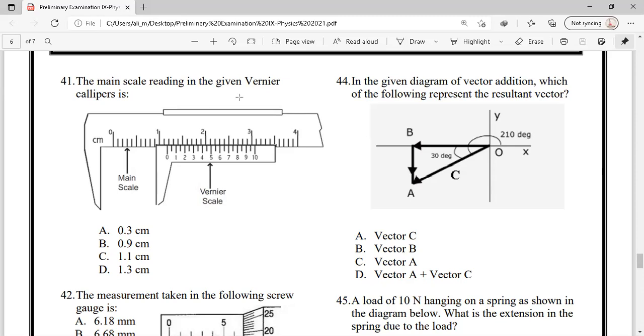For the main scale, we take the position of the vernier scale 0, that is, where our vernier scale 0 is lying. As we can see, the zero of the vernier scale has crossed this division, and the value of this division is 1.1. This is 1, and the 1 division after 1 is equal to 1.1. So the main scale reading in the vernier caliper is 1.1. So option C is the correct answer.